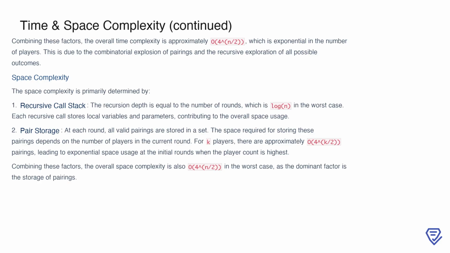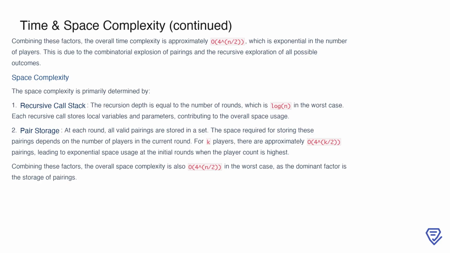Turning to space complexity, there are two main contributors. First, the recursive call stack requires space proportional to the recursion depth, which, as we calculated earlier, is log n in the worst case. Each recursive call uses memory to store local variables and parameters. Second, at each round, we store all valid pairings in a set.